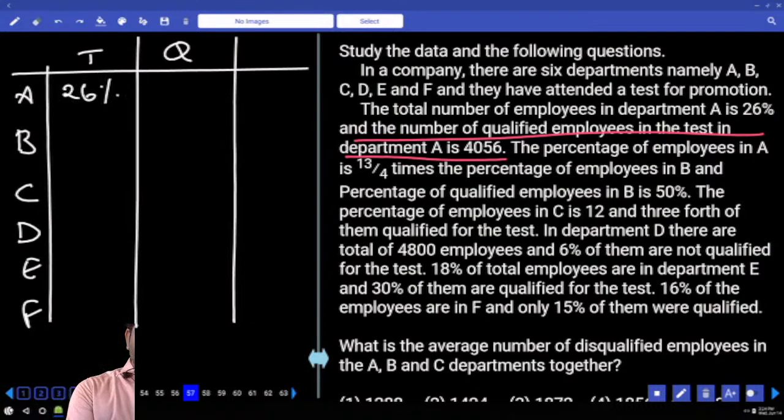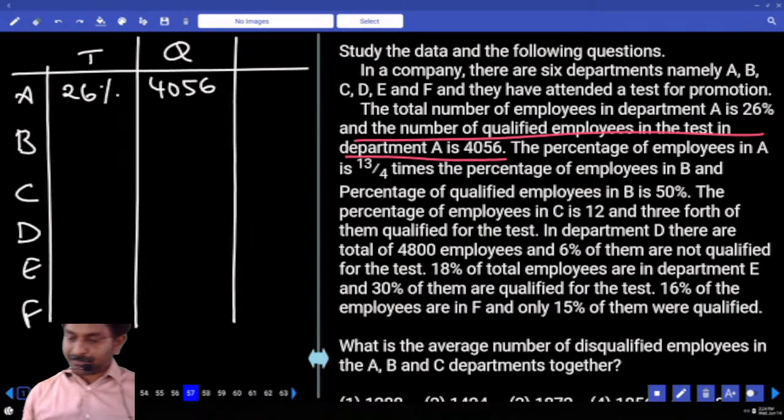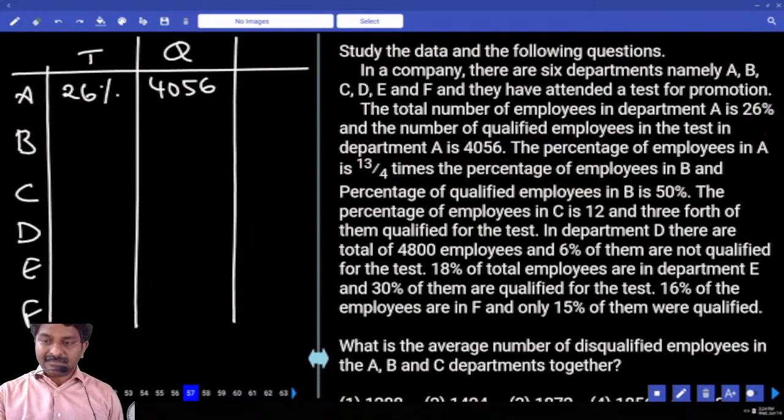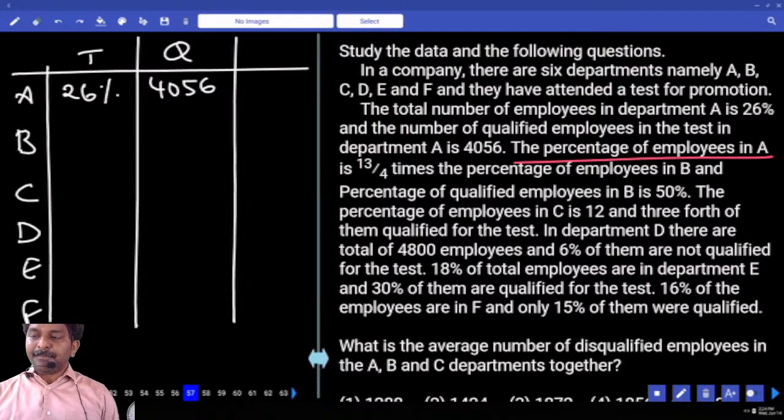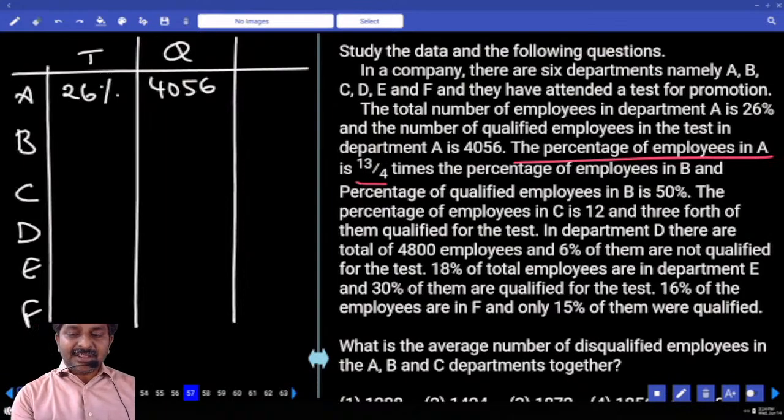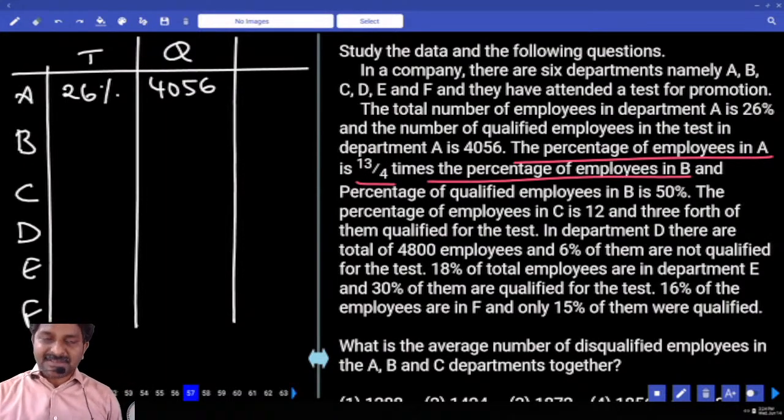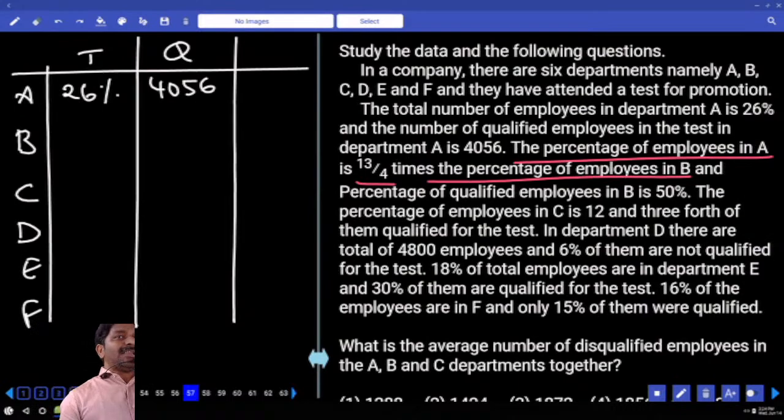This is 26% of the total and 4056, and we don't know how many total people there are. The percentage of employees in A is 13/4 times the percentage of employees in B. A employees are 13/4 times B employees, correct?